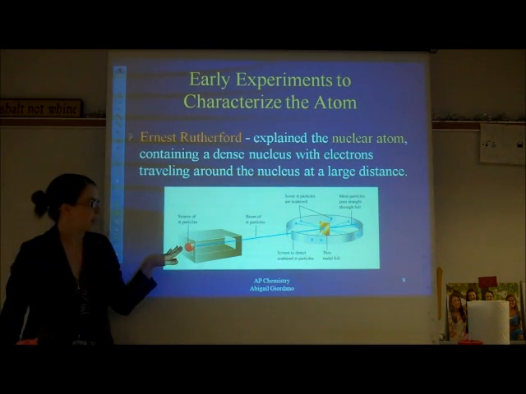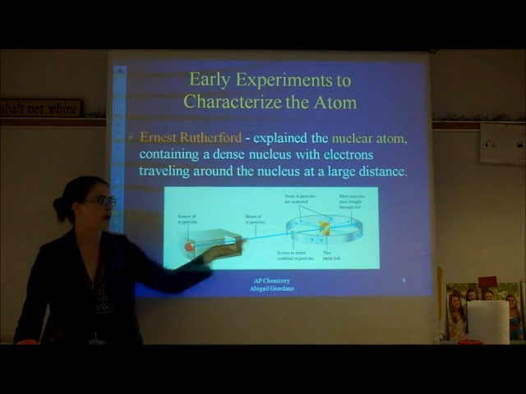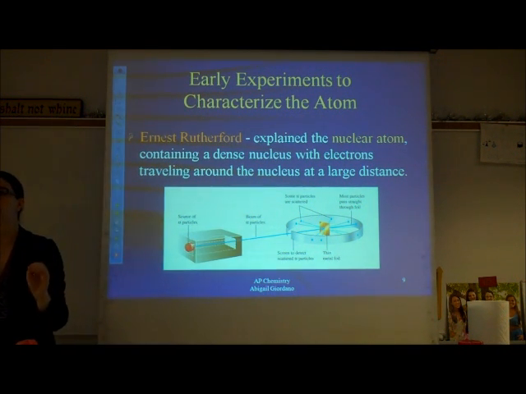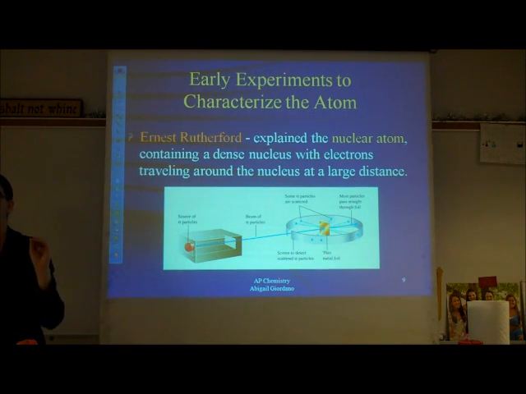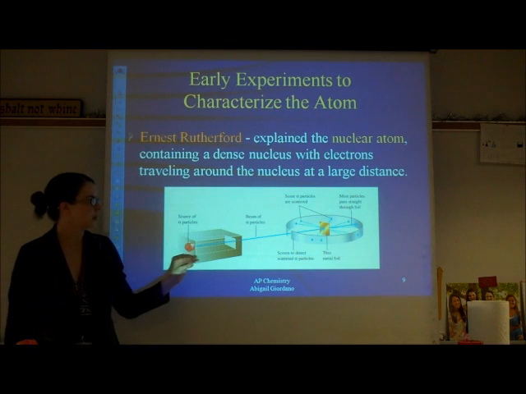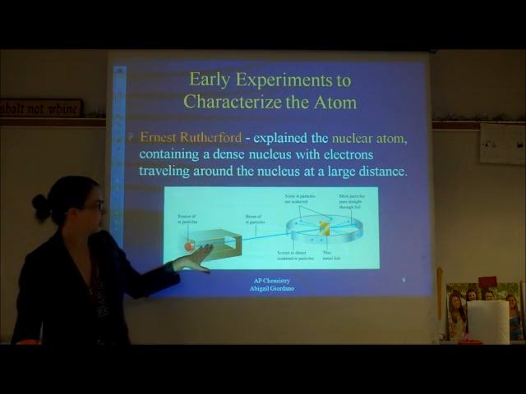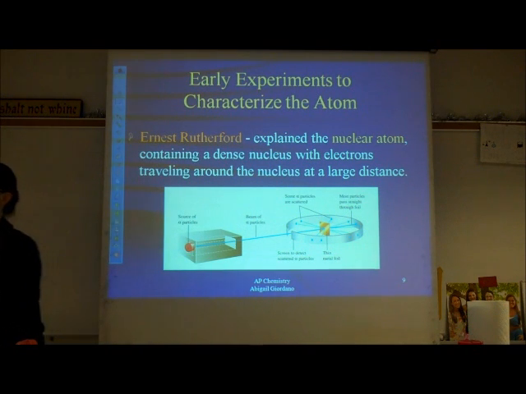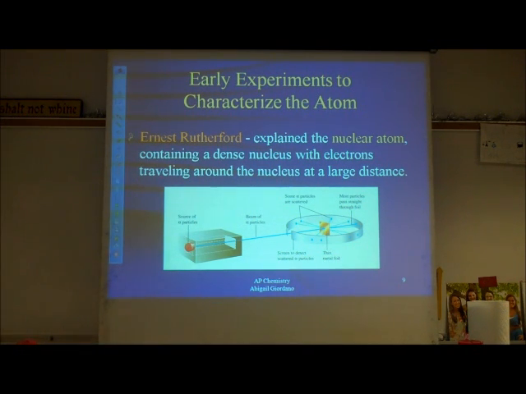You have a beam of alpha particles being shot. What you need to know about that is alpha particles are positively charged particles. That's what's important about that. You're firing positively charged particles at a sheet of gold foil. And folks, we get two conclusions out of this.